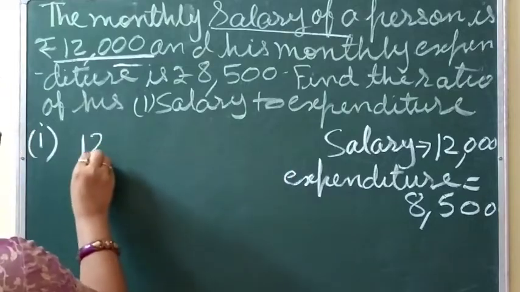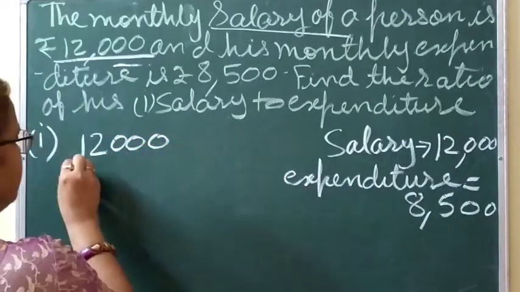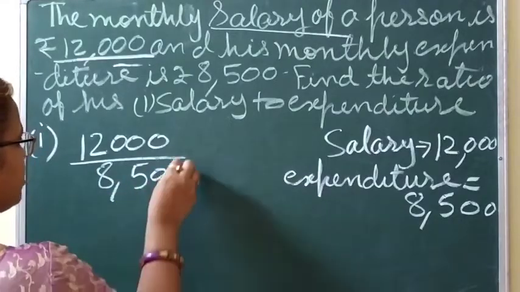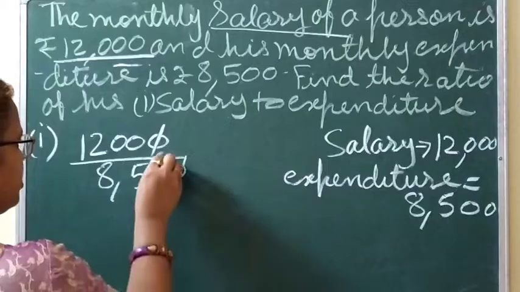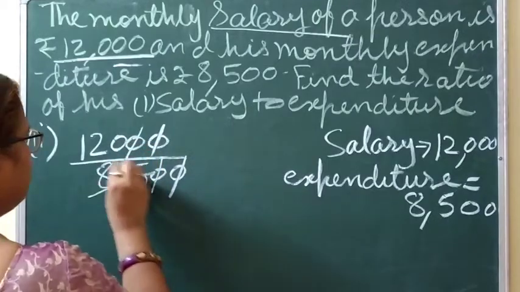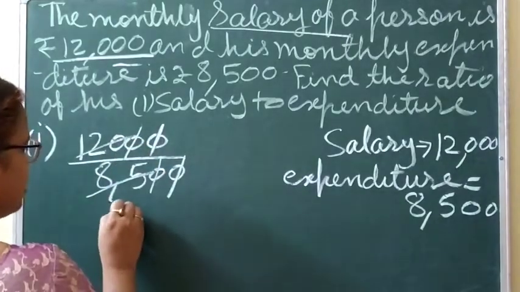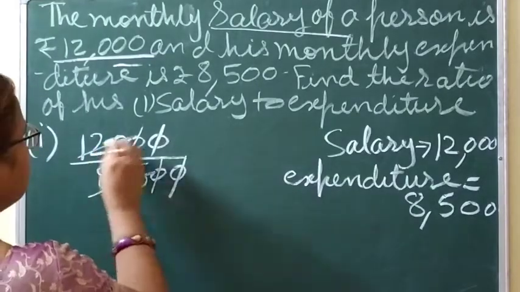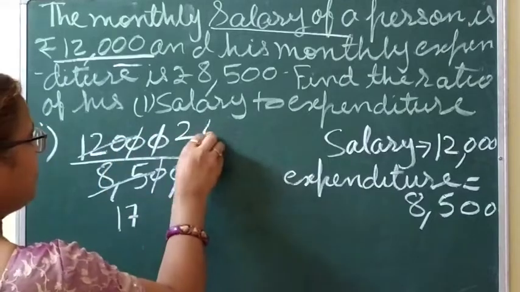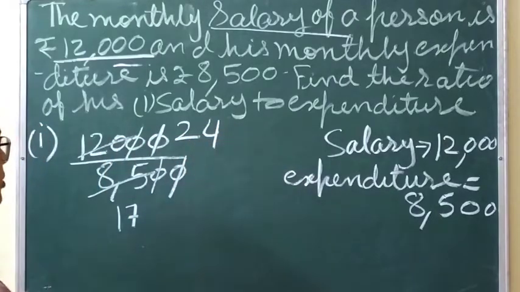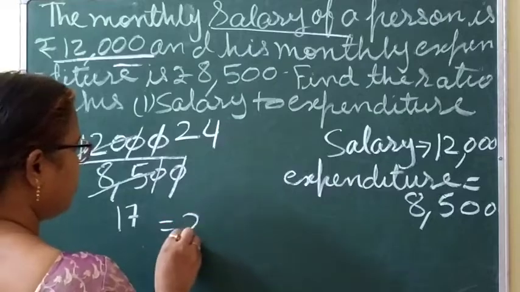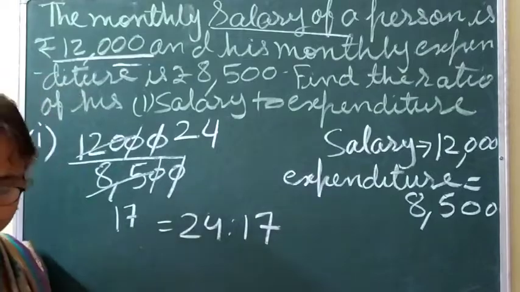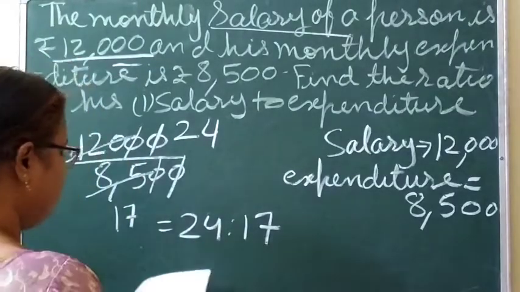So salary is 12,000 and expenditure is 8,500. Now cancel 0, 0. This 0 also we can cancel. Now 5 ones are 5. 5 sevens are 35. Then 5 twos are 10 and 5 fours are 20. So the answer will be 24:17.